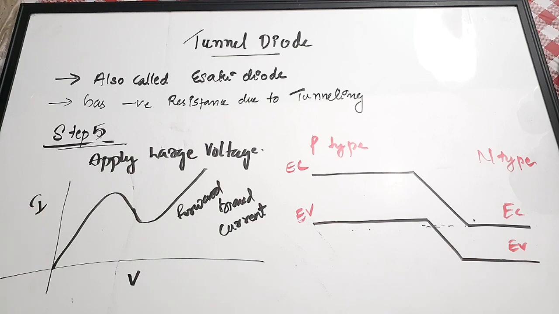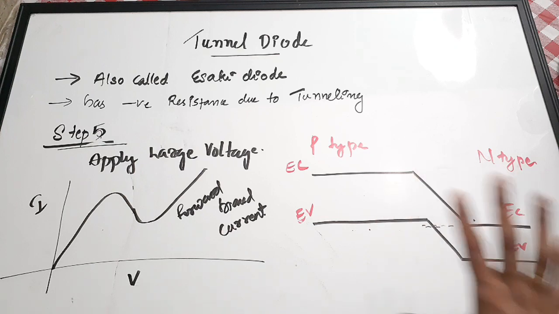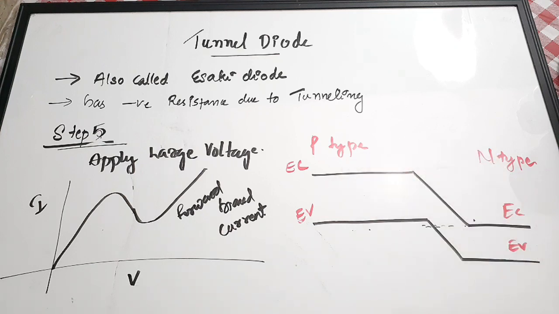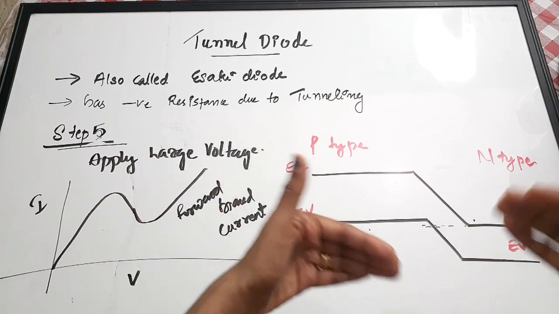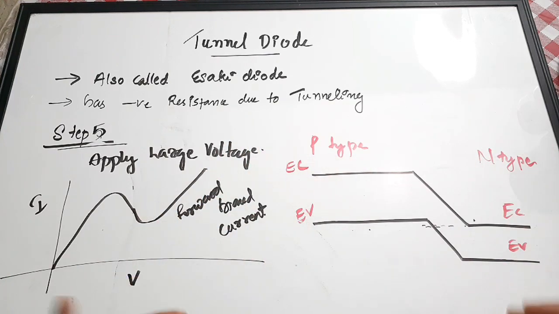I hope that all the 5 stages are clear to you, and this graph is very important because there are certain points which you need to remember if you go for competitive examinations. Also the structure of the valence band and the conduction band is important. You have to keep this in mind in order to remember the working.